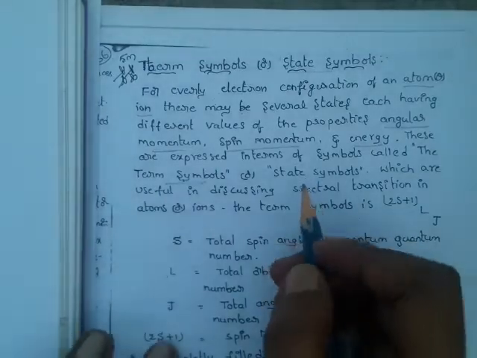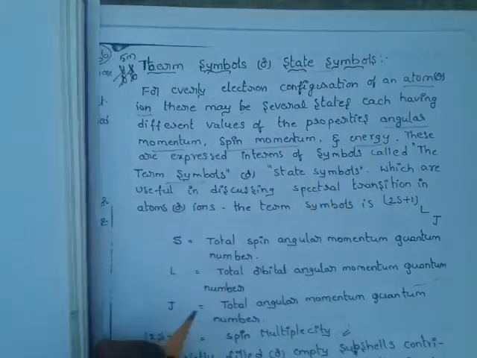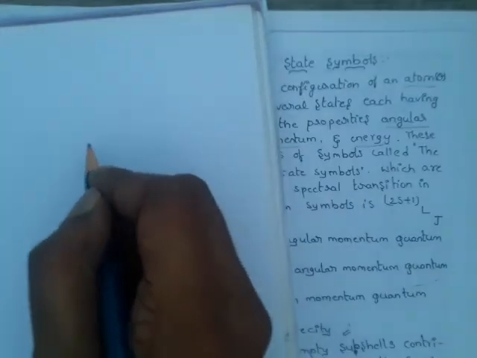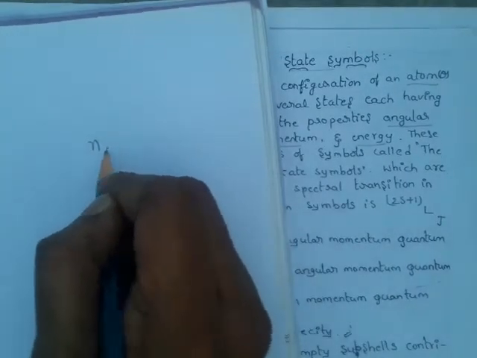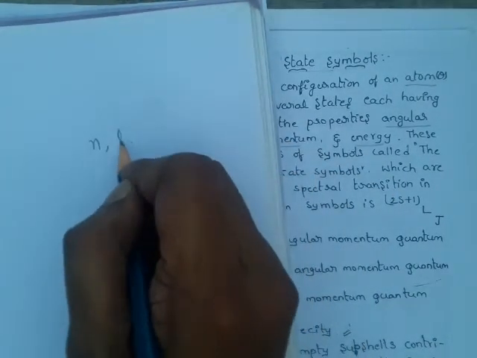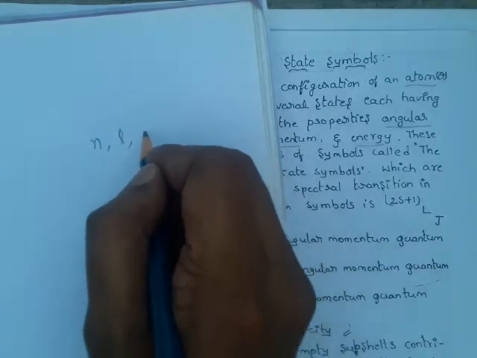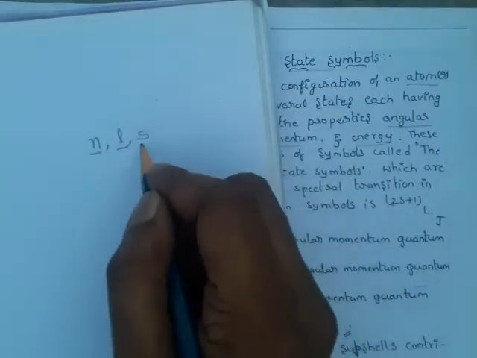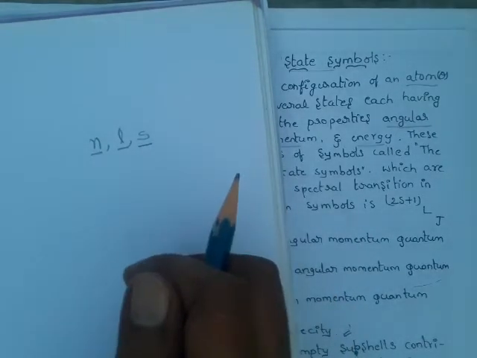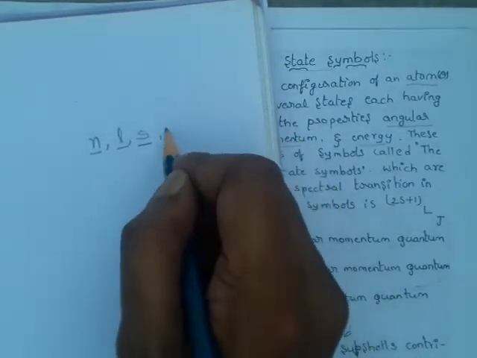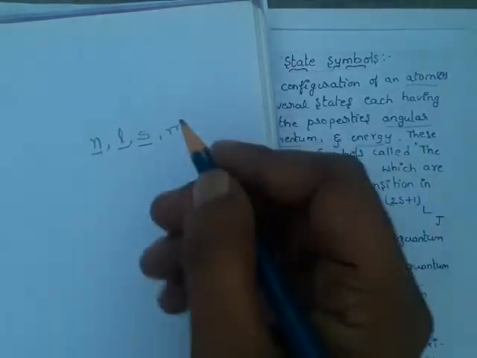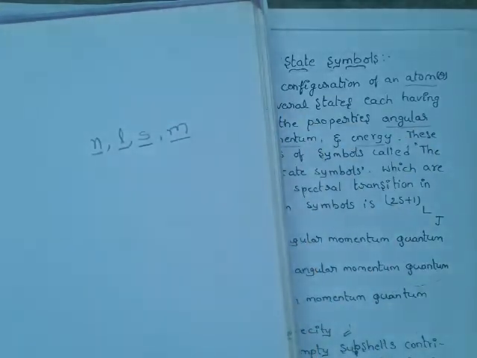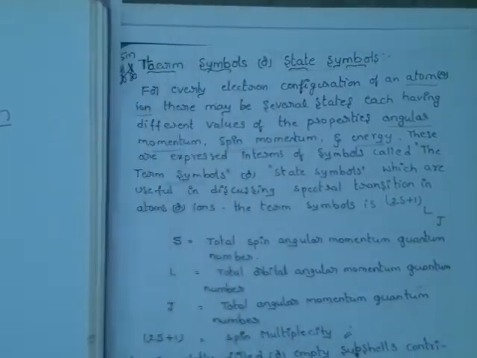I will explain. I think you know very well that for any electron there is an n value, an L value, and an S value. N is the principal quantum number, L is the azimuthal quantum number, S is the spin quantum number, and one more is M, the magnetic quantum number.